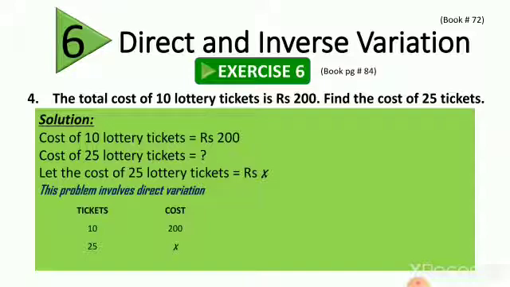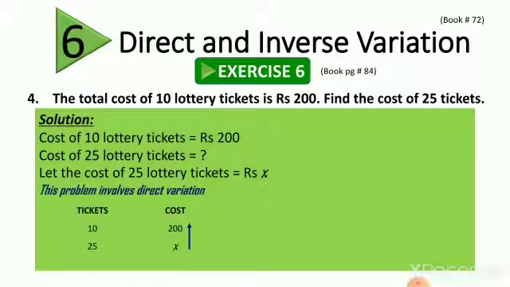So to place arrows, first arrow will be placed with the variable value, and the arrow tail will start from the variable and the arrowhead will move upward to the other value. So arrow tail is starting from x and arrowhead is moving to 200.